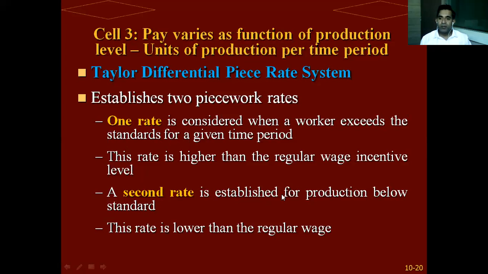The second rate is established for production below standard. If an employee produces less than 10 units per hour, say 9, 8 or 7, then the second rate is used to pay wages, which will be lower than the first rate. This we have already considered.